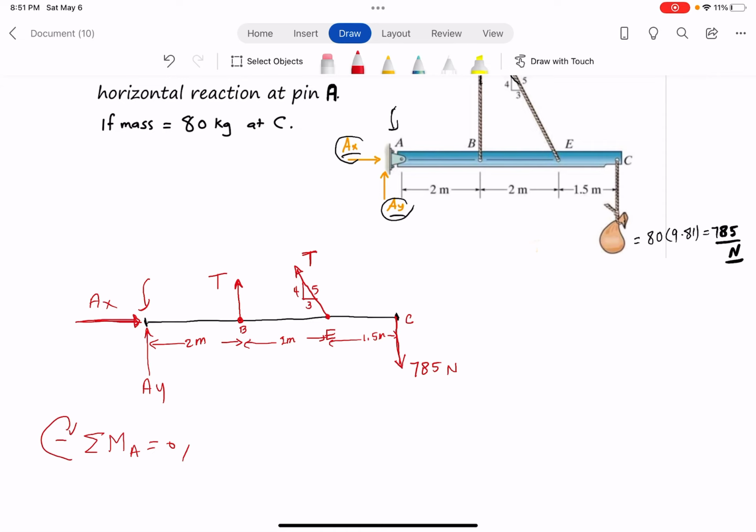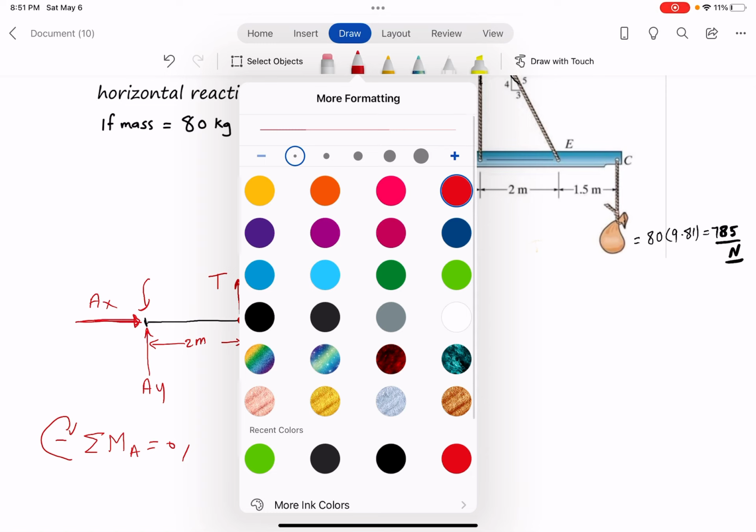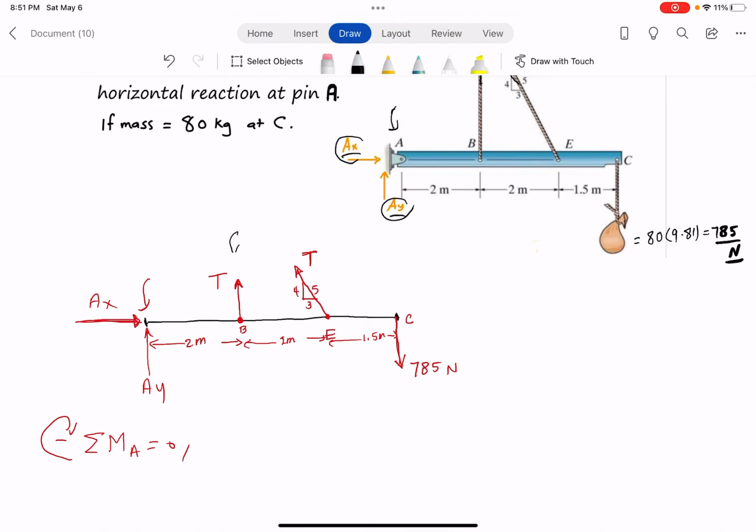So this tension, just do it in black, this tension produces what? It produces a positive moment, tension times 2. And this tension will have one component vertical and one horizontal. The horizontal one will not have a moment because it is on the same line of action as point A.